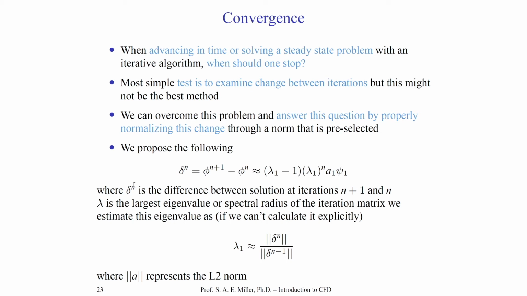Then we can estimate the eigenvalue lambda_1 as the magnitude of delta^n over delta^(n-1). You can see that by definition, lambda_1 should be less than 1 if the scheme is stable. Here, the magnitude is the L2 norm, which we just defined.